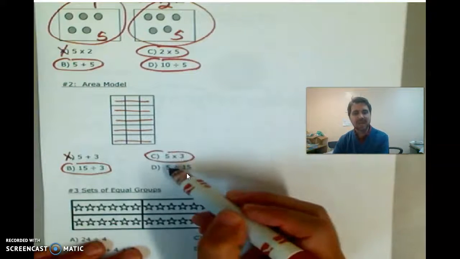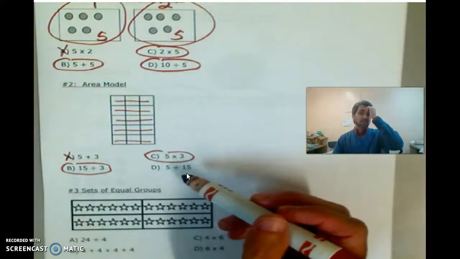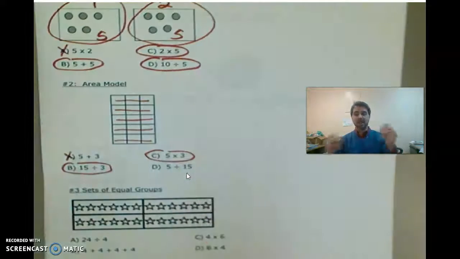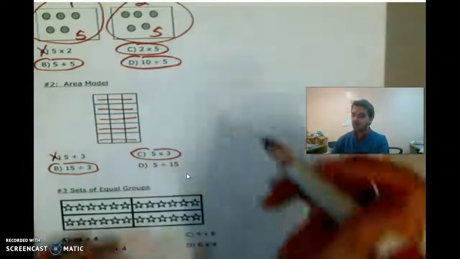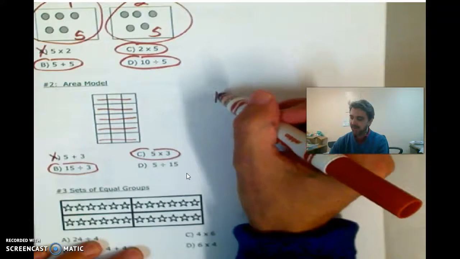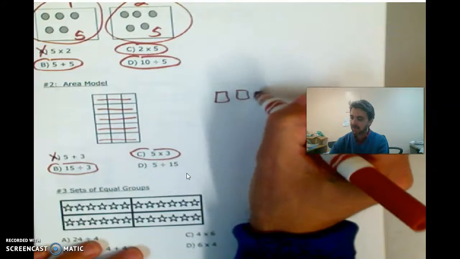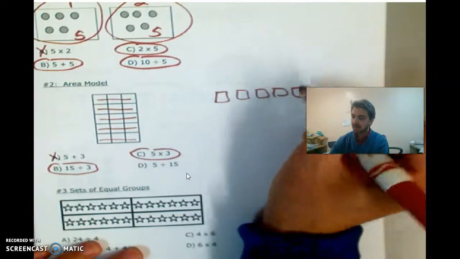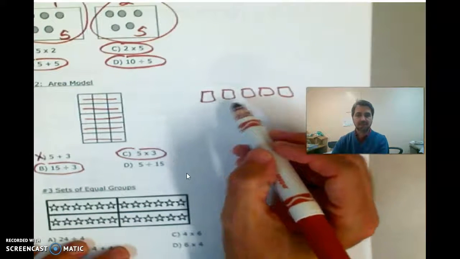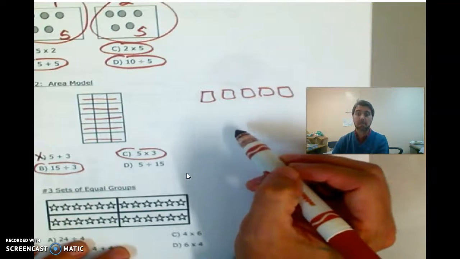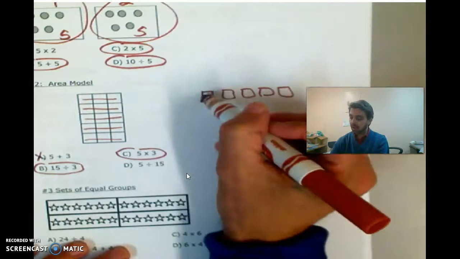How about this one? 5 divided by 15. When you divide something, you break it up into equal pieces, right? So if I took 5 squares and divided them into 15 equal pieces, they're actually going to be really small.